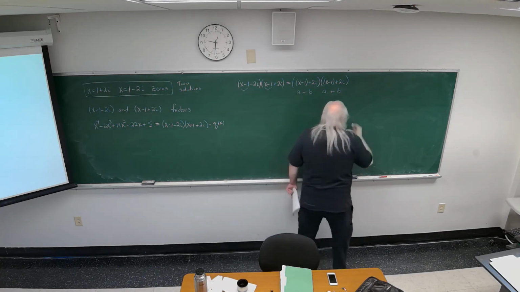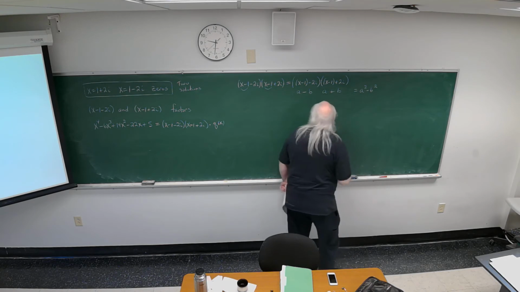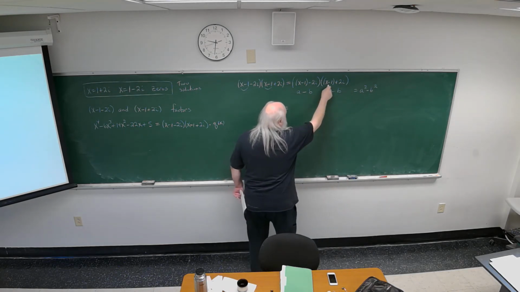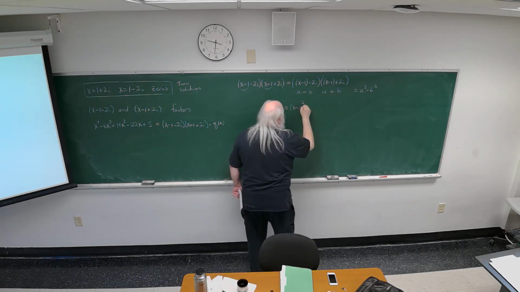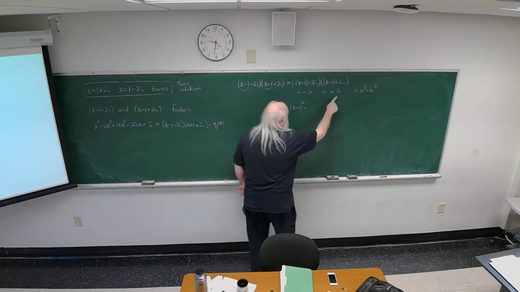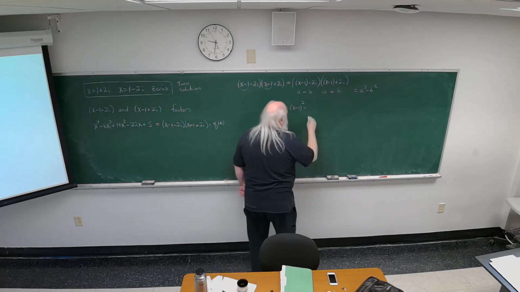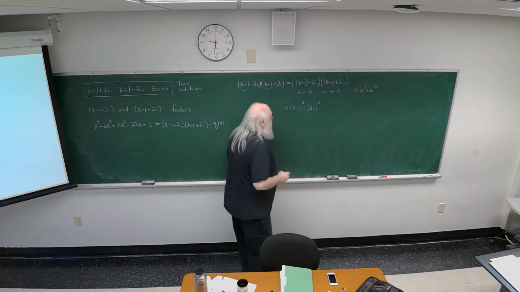And a minus b times a plus b is a squared minus b squared. Well, my a in this case is x minus 1. So when you FOIL this, you get x minus 1 squared. And my b is 2i. So minus b squared is minus 2i squared.